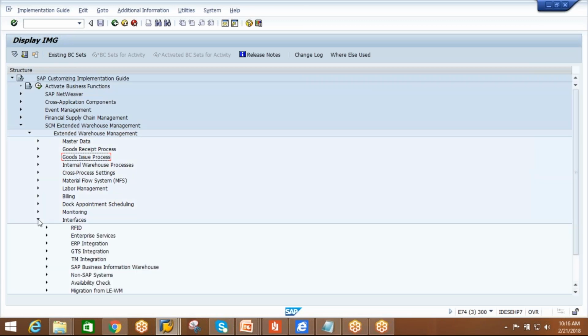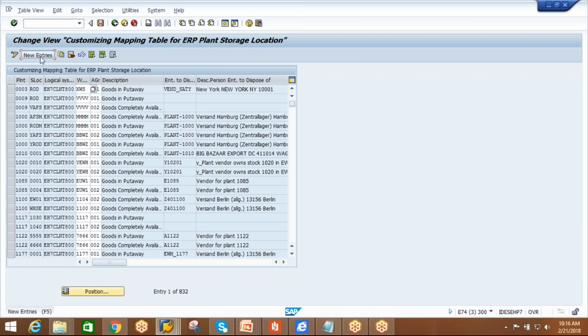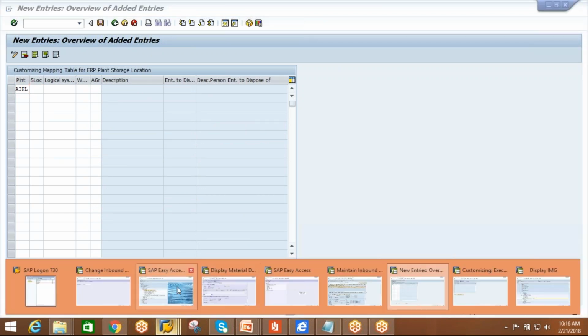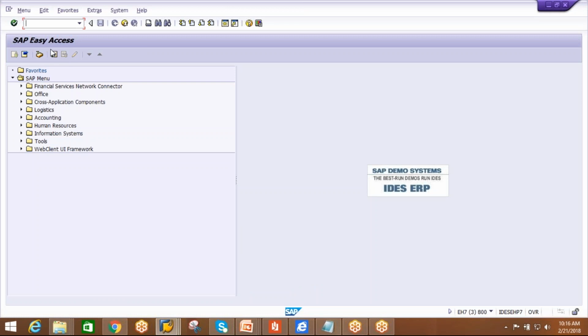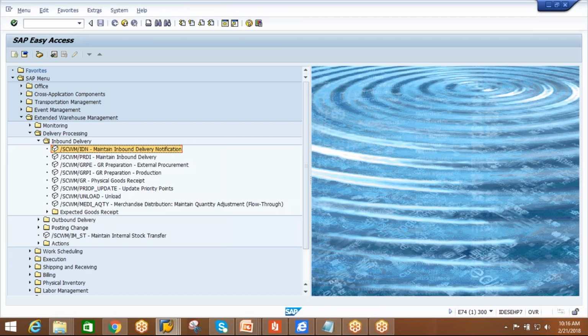Under the interfaces, ERP integration, goods movements, map storage location from ERP to EWM. Here I am maintaining plant AAPL, storage location. Which one? AGST or single GST? We can check. Forgotten. AGST. Yeah, one sec, sir. Yeah, AGST.